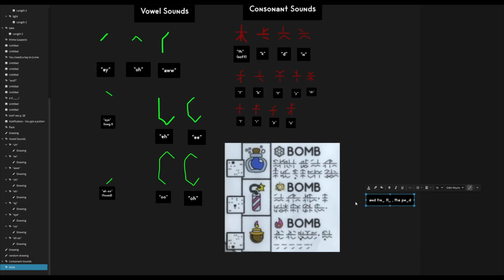Really? So this is, that's the SH from Shield. I mean, that is a P. That is the, oh, it's not.